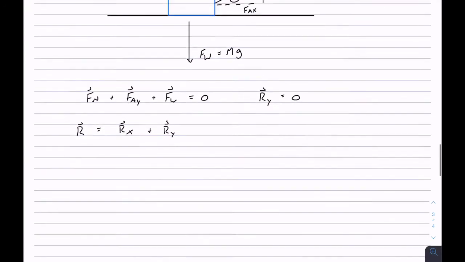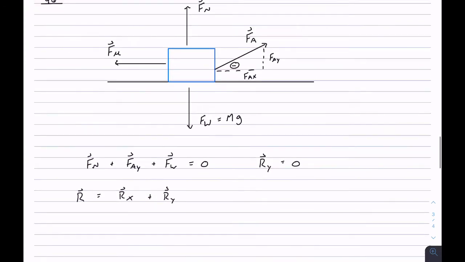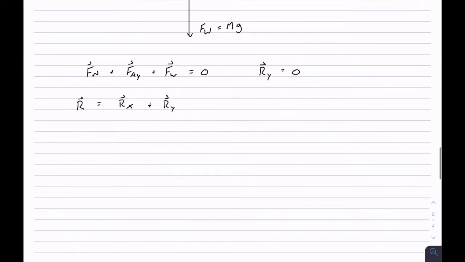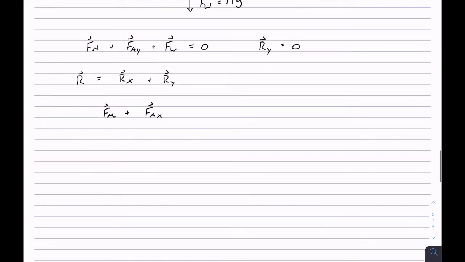Now what do we have in the x direction? We have a resistive frictional force, and we have an applied force component in the x direction. So let's write those down. We're going to have F sub mu plus F sub ax, and this is going to be r sub x.